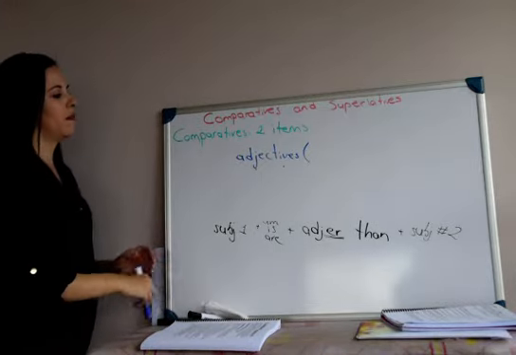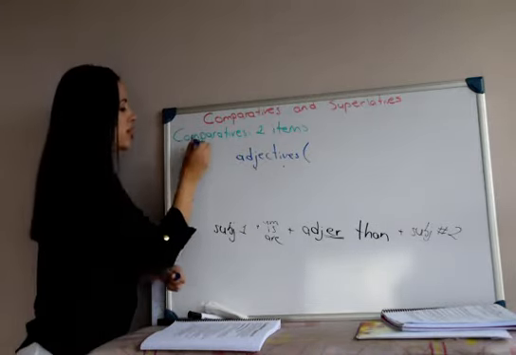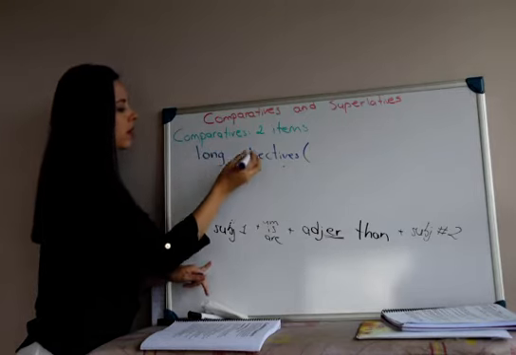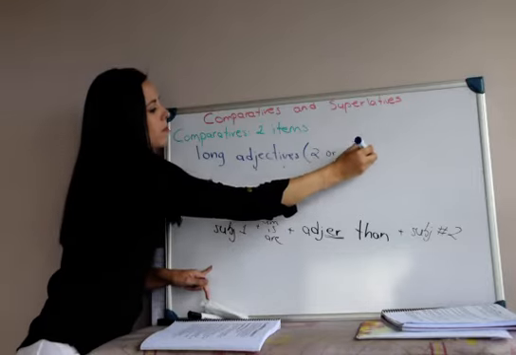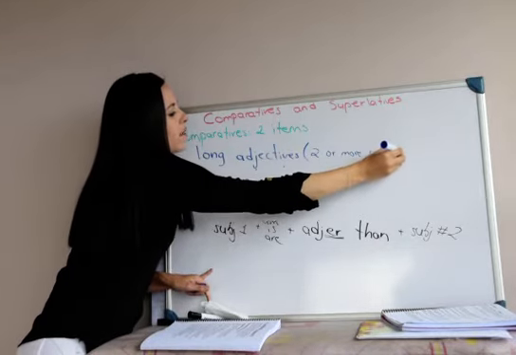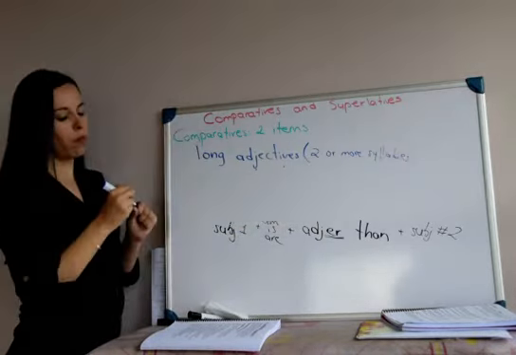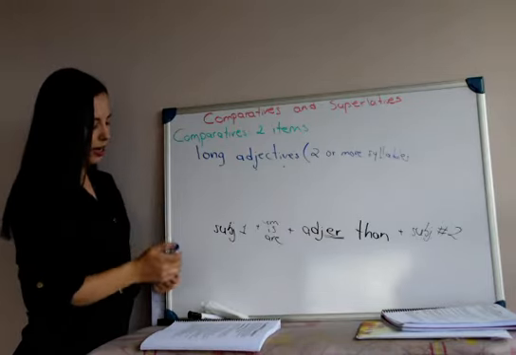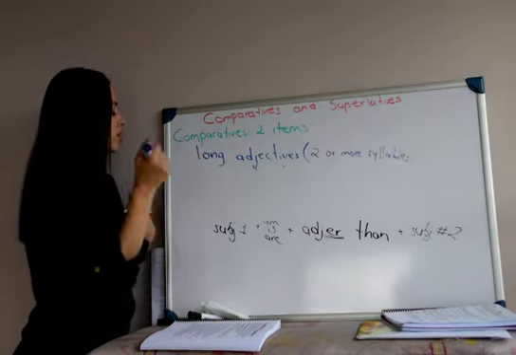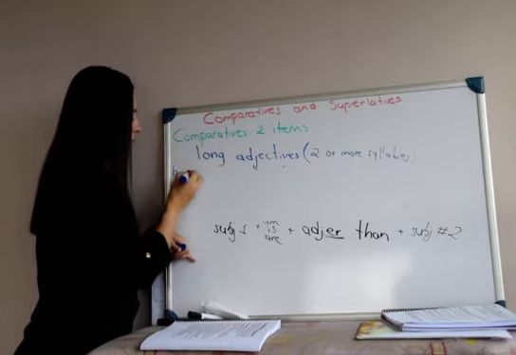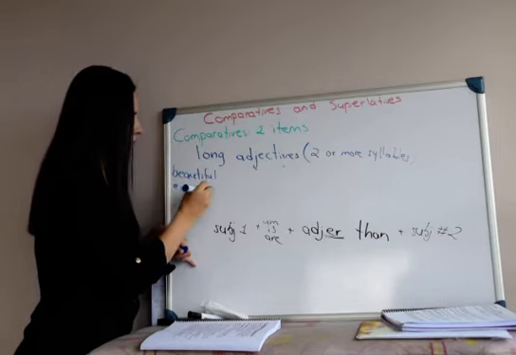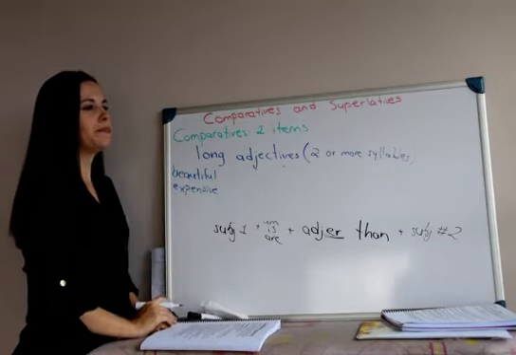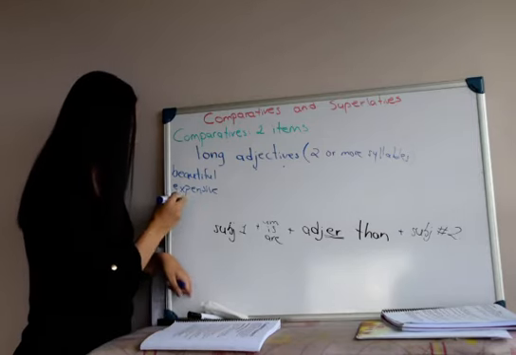Okay, let me give you some examples. Long adjectives. When we have adjectives made of 2 or more syllables, like, okay, the most common ones: beautiful, expensive, comfortable.